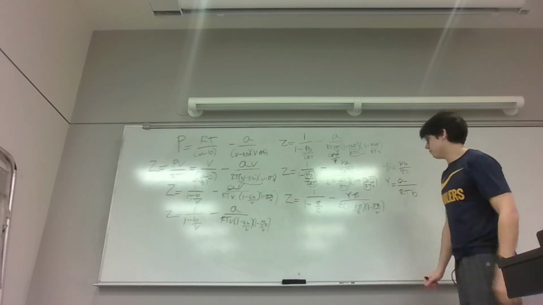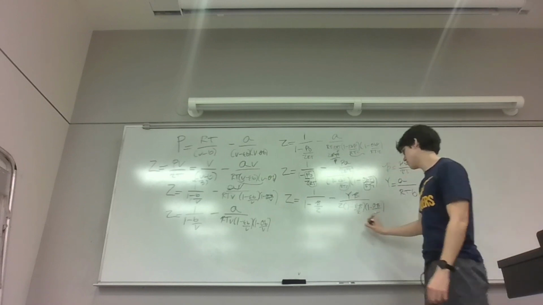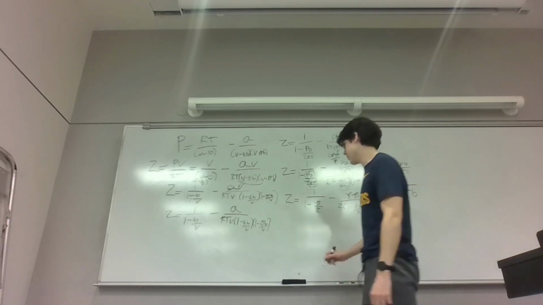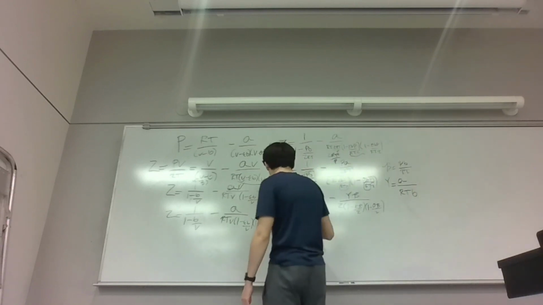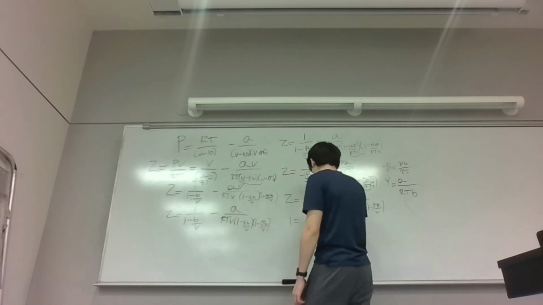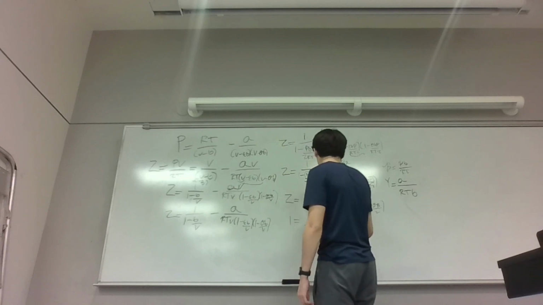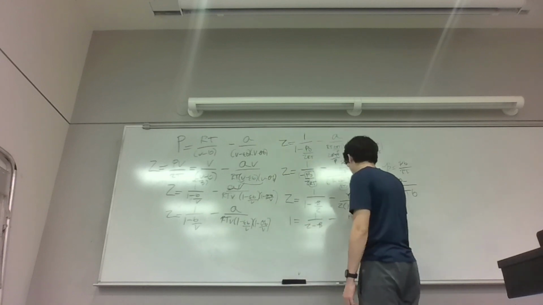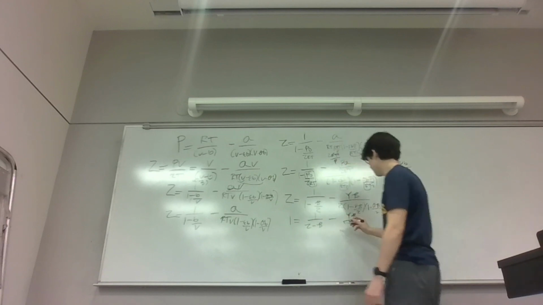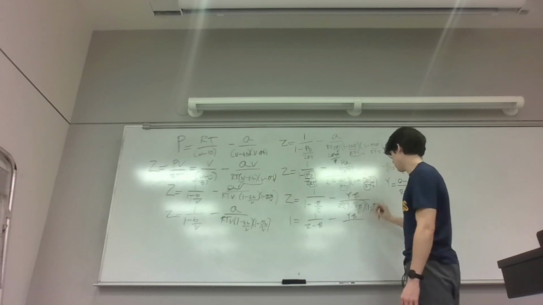And then now, we still have these Z terms in the denominators, so we're going to cancel these out by dividing each side by Z, or multiplying by 1 over Z, whatever you want to call it. So we're left with 1 equals 1 over Z minus beta minus Y beta over, and then since we have Z squared here now, we can distribute it to all these terms here.